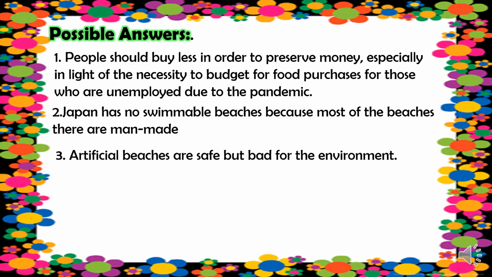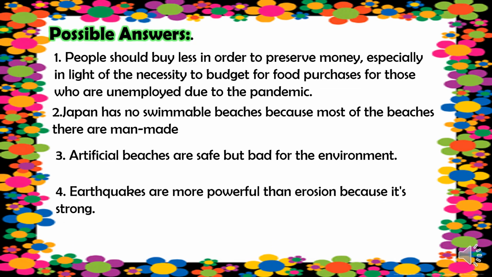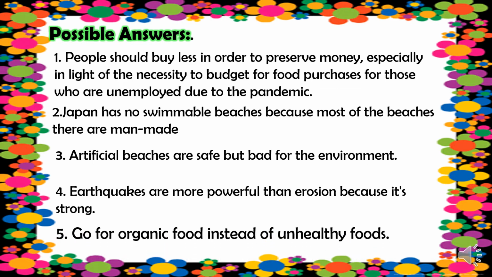And number two, Japan has no swimmable beaches because most of the beaches there are man-made. Number three, artificial beaches are safe but bad for the environment. Number four, earthquakes are more powerful than erosion because it's strong. And number five, go for the organic food instead of unhealthy foods.